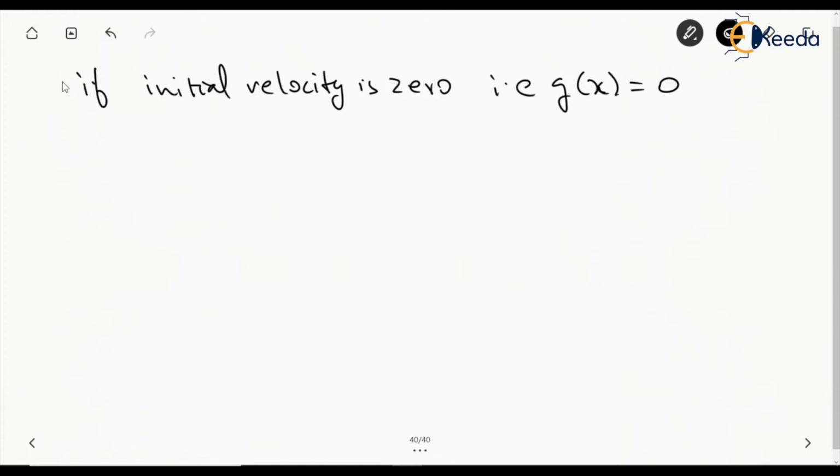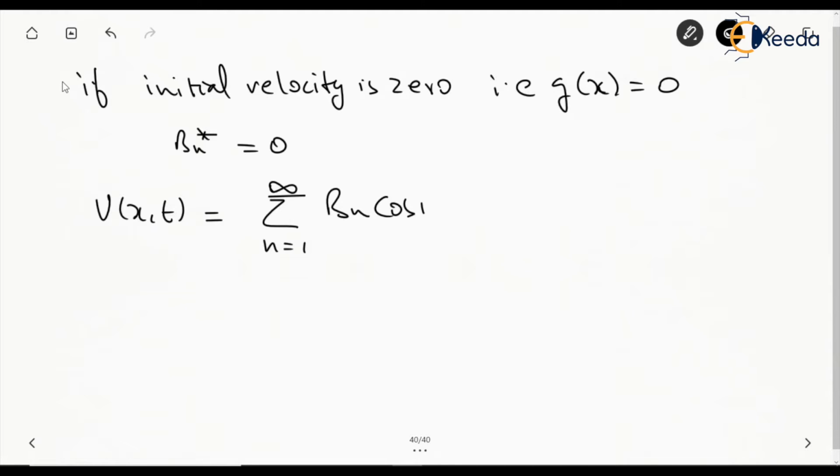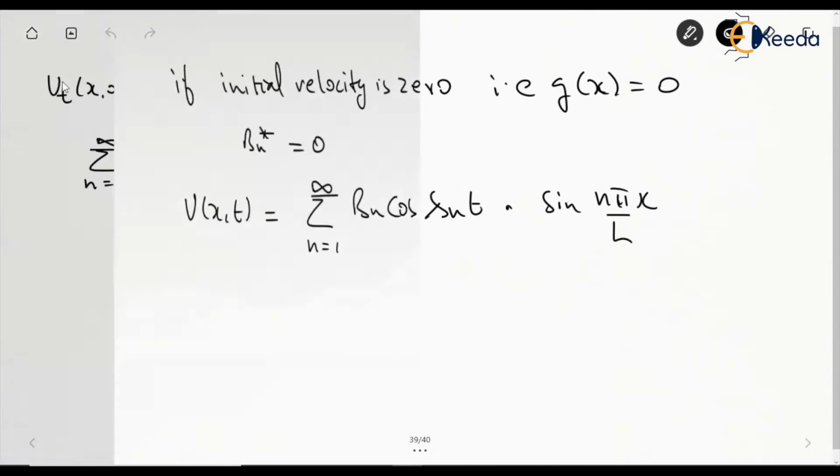In such case, b_n star will come out to be 0, and in such case u(x,t) limits to the summation from n equal to 1 to infinity b_n cos(lambda_n t) into sin(n pi x by L). Right? Let's see everything again and let's see what is important here.